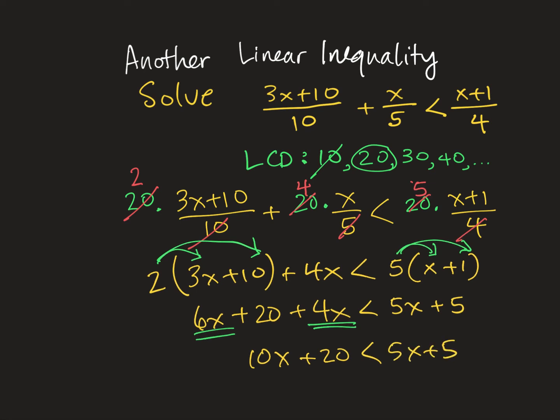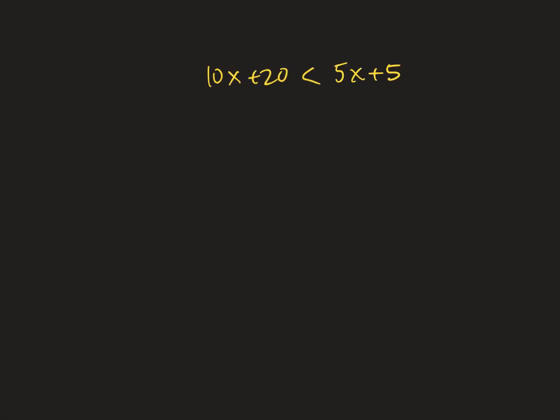Okay, so I'm out of space. Let me go to the next slide. Okay, so I've simplified the left side as much as possible. 10x plus 20, those are not like terms. They can't be combined. Likewise, 5x plus 5. So now, how do I solve an inequality when I have the variable x on both sides?